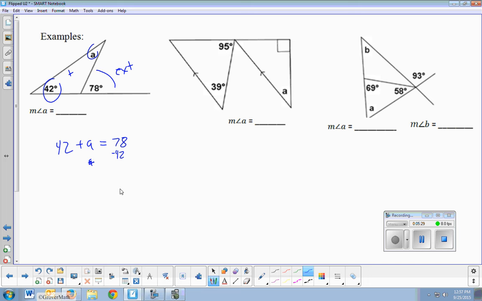And let me write that down here. If I minus 42 on both sides, then A equals 78 minus 42, which is 36. So angle A is 36 degrees. Okay, get rid of that little squiggly right there. Great. Next one.